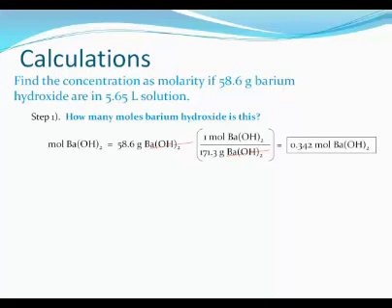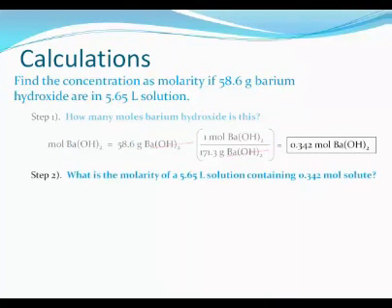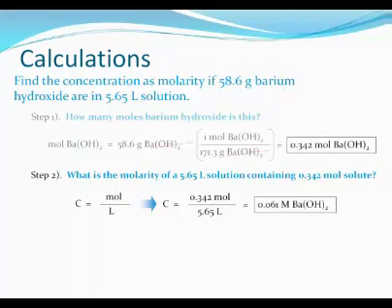It's 0.342 moles of barium hydroxide. Then we need to calculate the molarity. So we have concentration as moles per liter. So we take the values, 0.342 moles divided by 5.65 liters, and we get our final answer of 0.061 molar barium hydroxide. Notice I said molar. That's how we describe moles per liter concentrations.